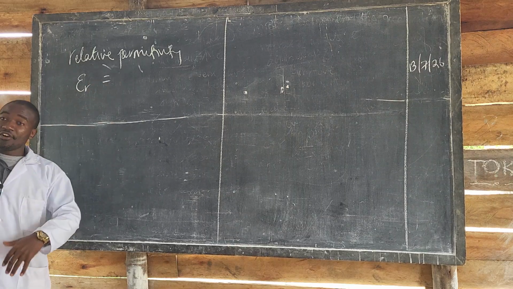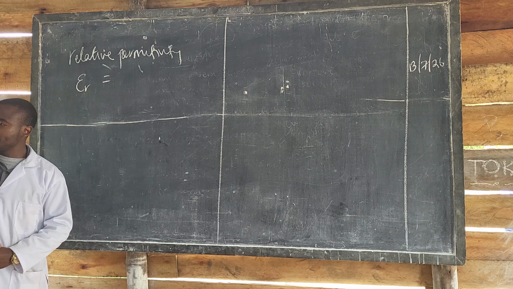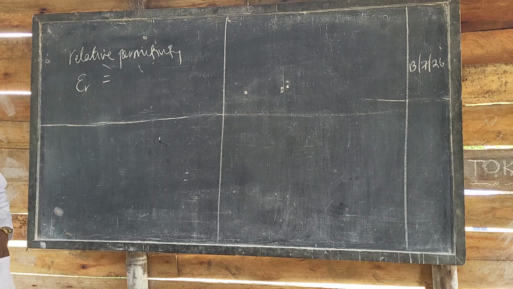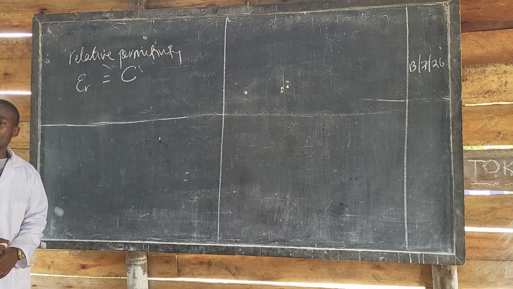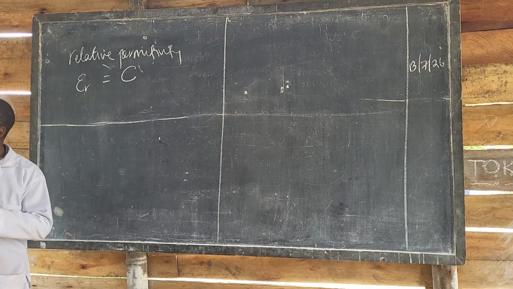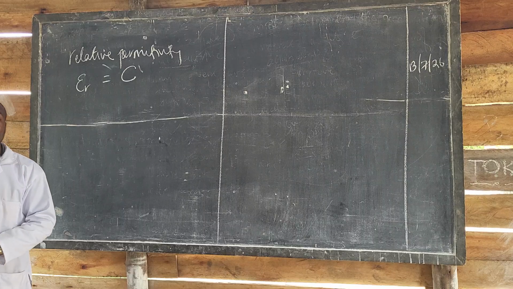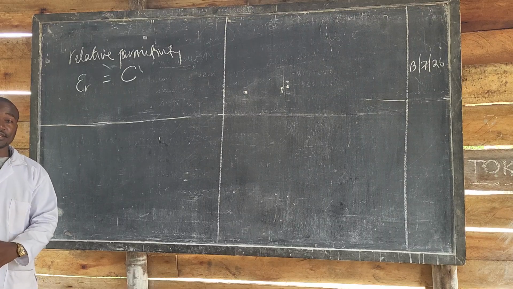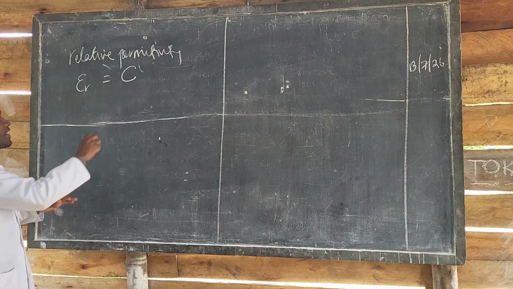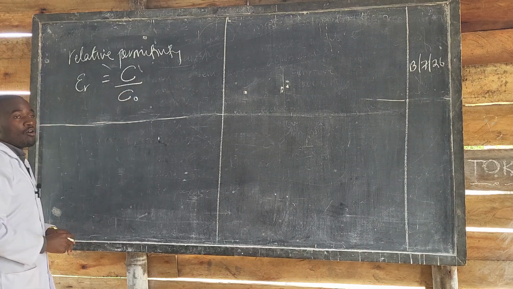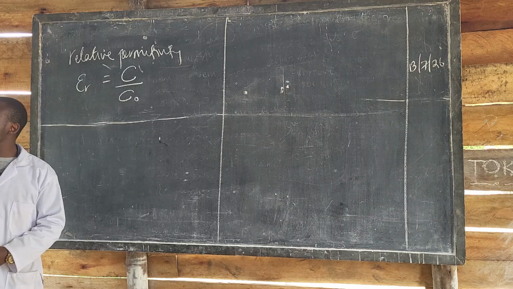originally or generally, the definition is picked from the capacitances, right? So it's defined as the ratio of the capacitance of a capacitor when that capacitor is having a medium, divided by the capacitance of a capacitor which is not affected by a medium.